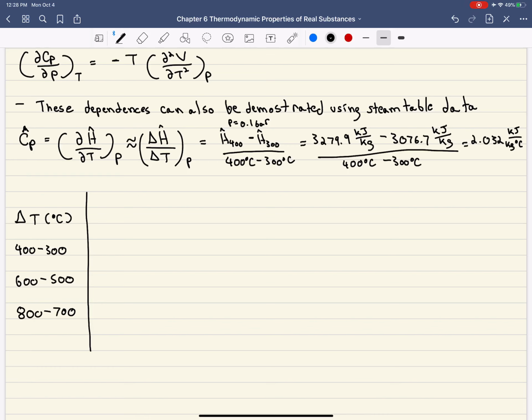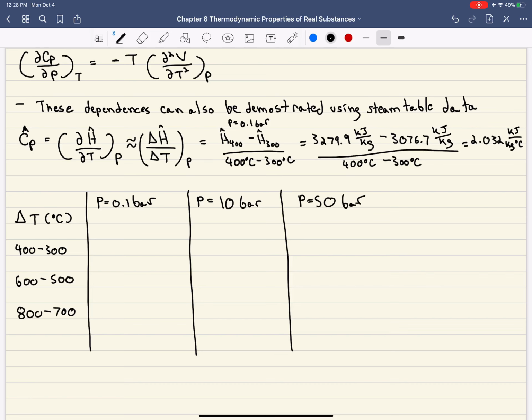And then the subsequent columns are going to correspond to different pressures. So 0.1 bar, then 10 bar, and then 50 bar. Okay? And then I'm going to populate this table by calculating the effective heat capacities for each of these different temperatures and pressures. Okay? All right.